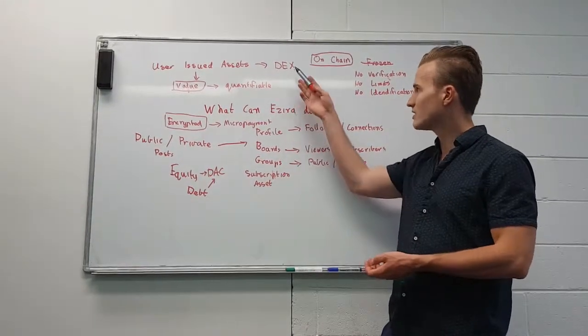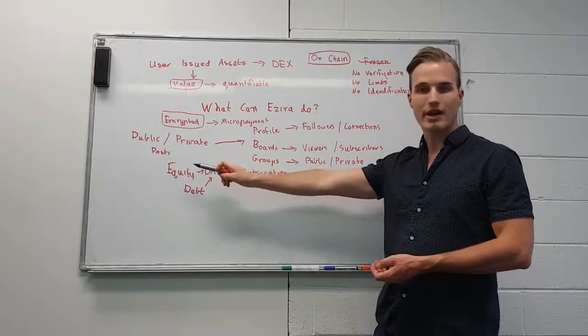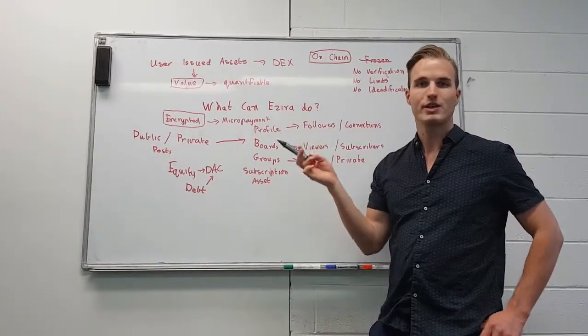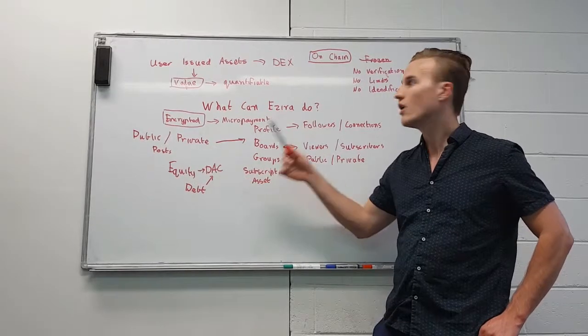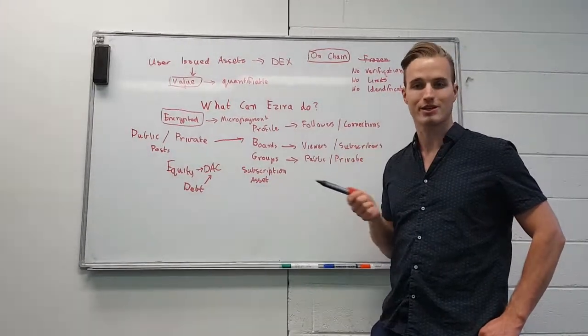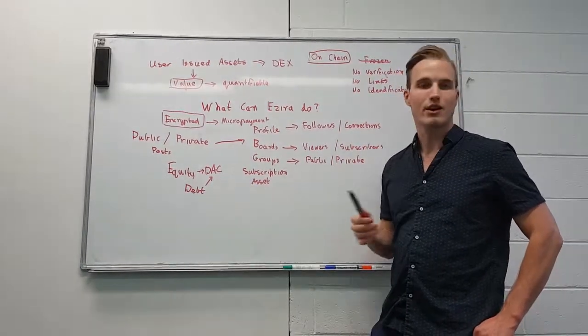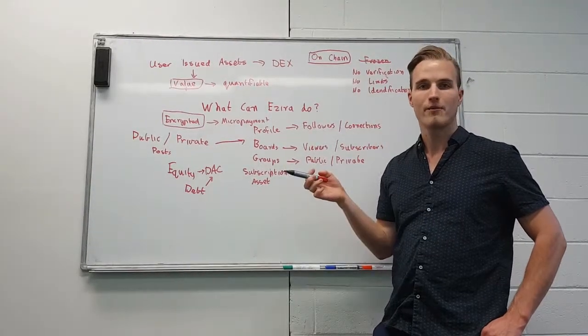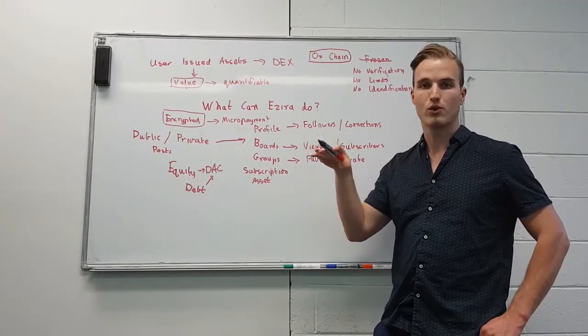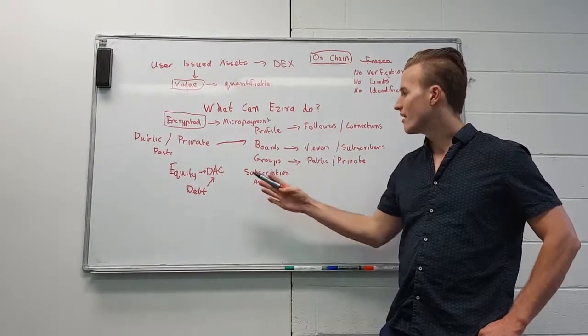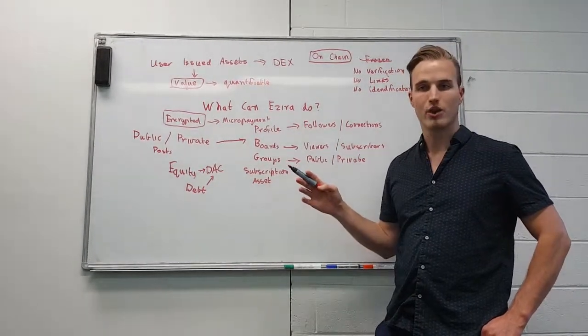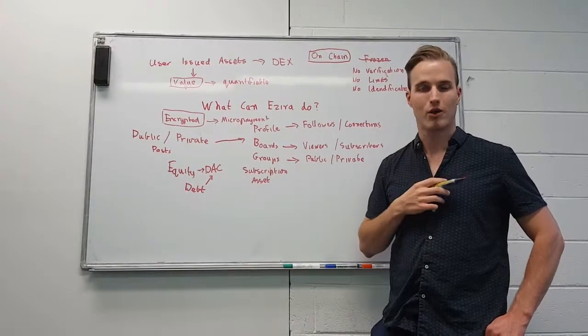Once these are traded on the decentralized exchange, an equity asset can receive a dividend from the revenue earned by the autonomous corporation's on-chain account, their business account, and the debt can automatically be repaid at a price floor of $1 per unit out of the revenue earned by the autonomous corporation using a smart contract.